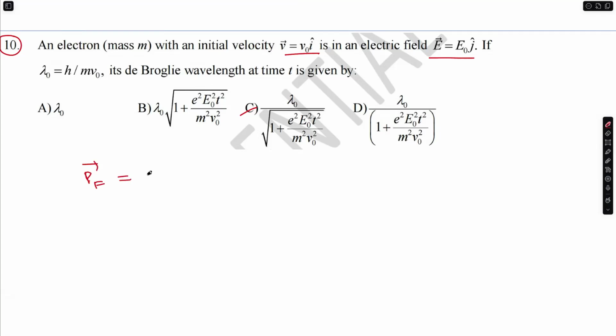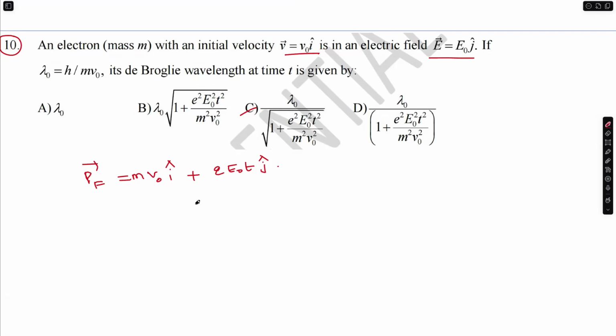The final momentum is m v naught i cap plus q E naught, force into time of action t, j cap. Fine. What do you want?